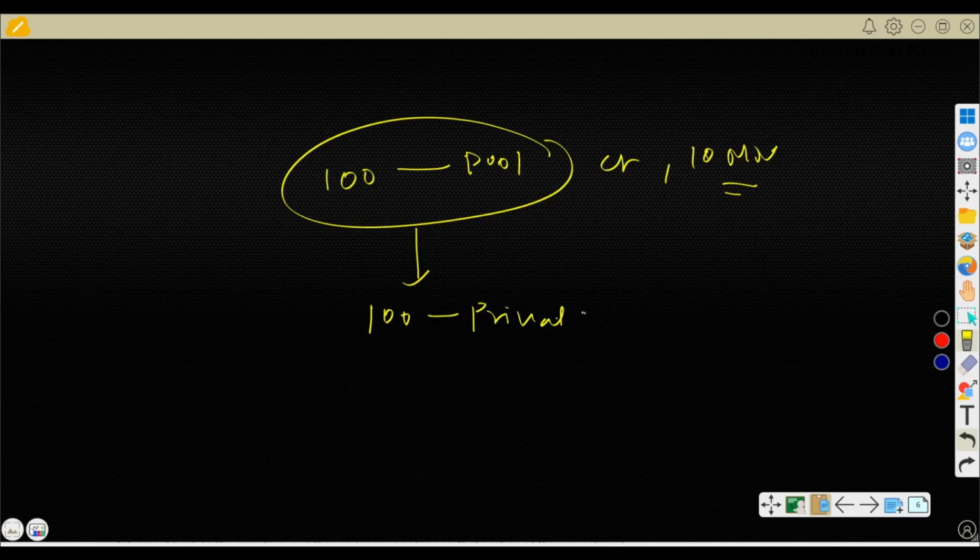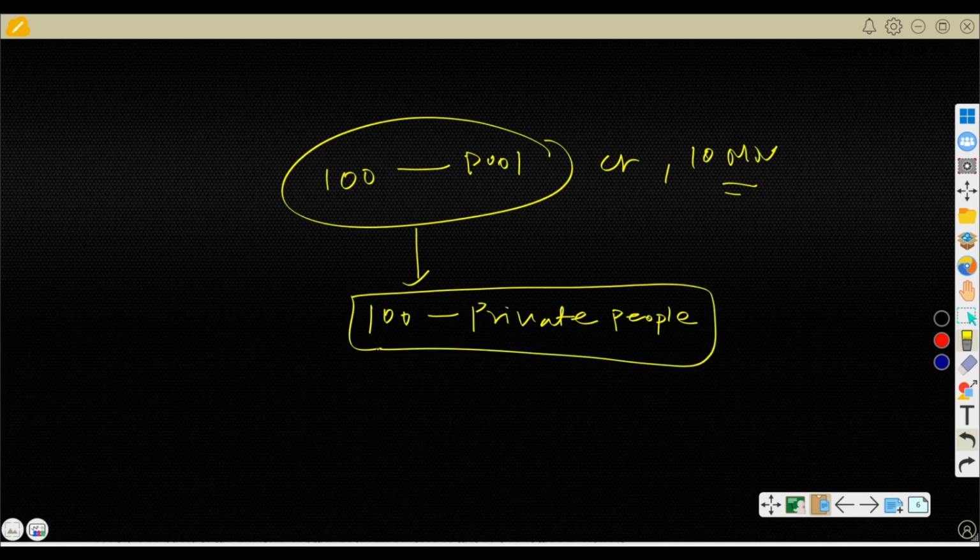Private means people who are eligible to invest as per the Investment Act or regulation. Everyone cannot invest in private equity. If you don't have the capacity, or your total assets are not up to 1 CR, then you cannot. As simple as that, right?